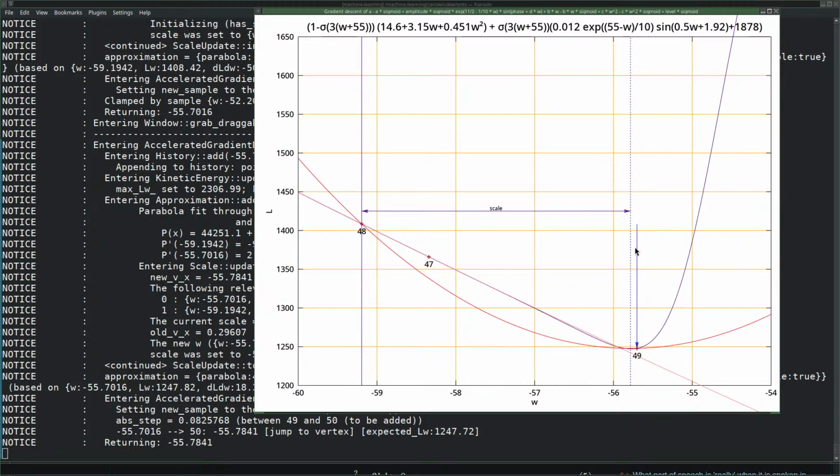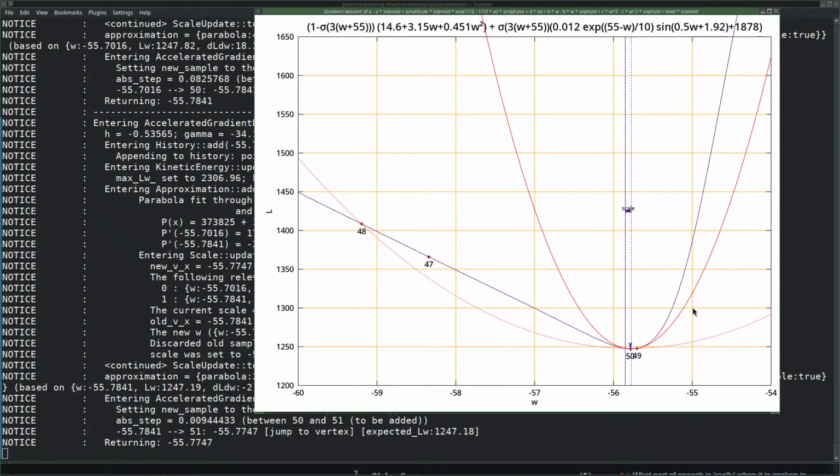Would it be more fun if, say, we ended up here and then see what it would be doing then? So already have a reasonable parabola fit here. That is very deviating from this one.